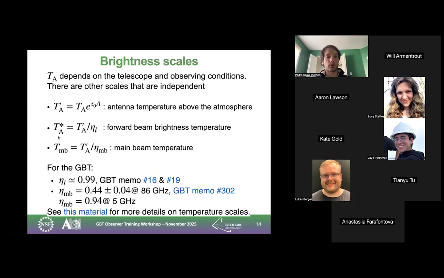But again, that depends a lot on the source geometry and what your science goals are. And here are some values for this main beam efficiency and where to find them, in case that's actually what you need to do. And there's this very nice guide put together by Emily Moravec about temperature scales and more details about these things.